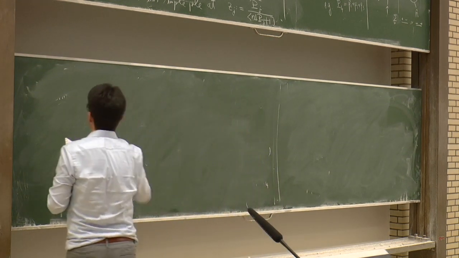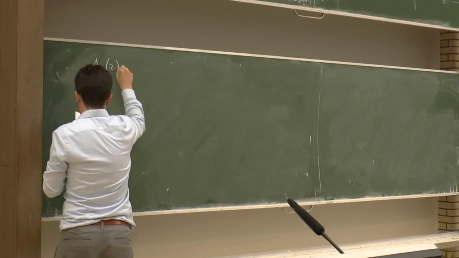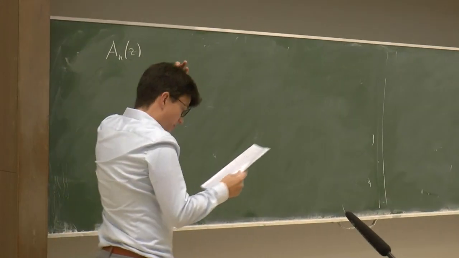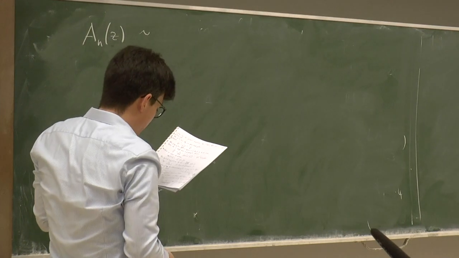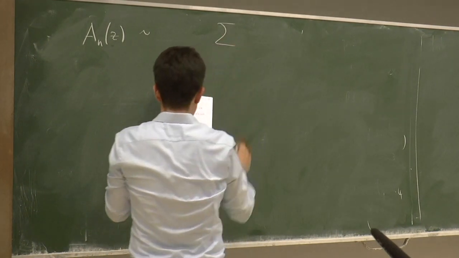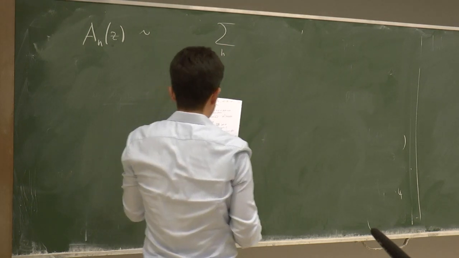So let's put everything together. We have this deformed amplitude, which depends on our complex parameter z, and we discussed a bit what poles it can have. So we have here a sum over the helicity of an internal line.